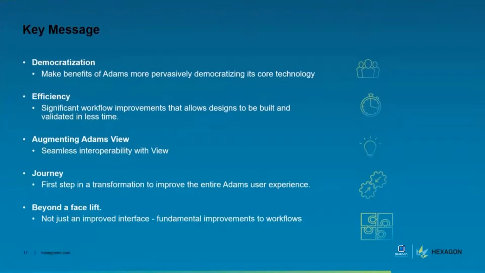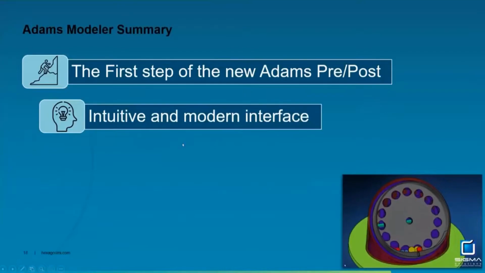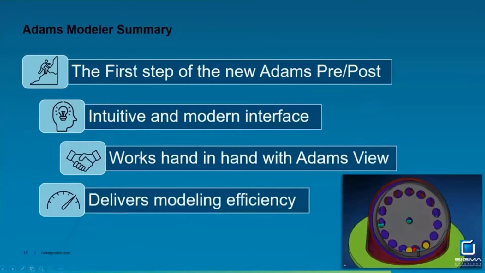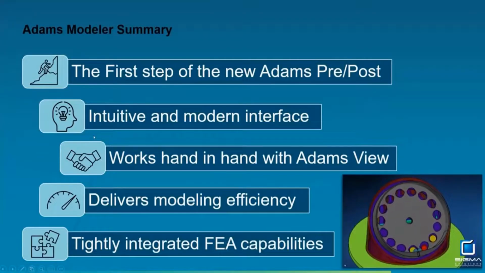So again, with this, it's going to totally change how you bring more productivity in creating models and getting more insight into the mechanism. With this, I would like to say that this is the first step of Adams pre and post, a very intuitive modern interface.